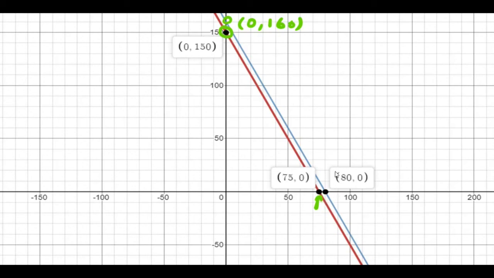When we connect (0, 150) and (75, 0), we get a straight line which corresponds to the equation 2x plus y equals 150. When we connect the 2 points (0, 160) and (80, 0), we have a straight line corresponding to 2x plus y equals 160, which is represented by the blue line. And note that both the lines are parallel.